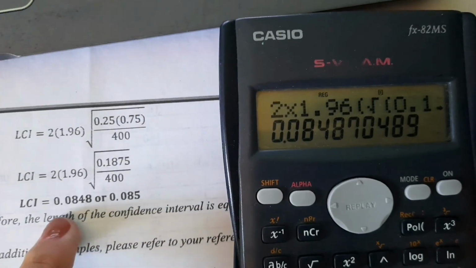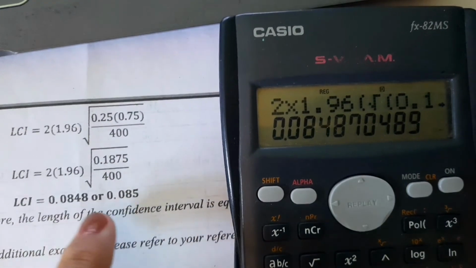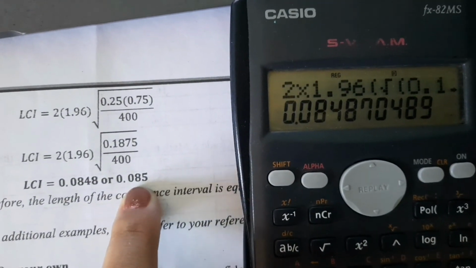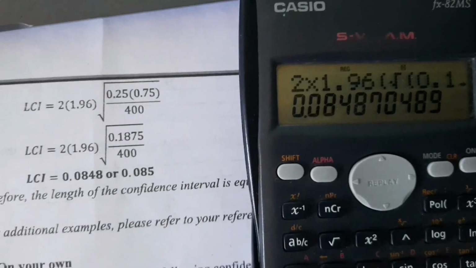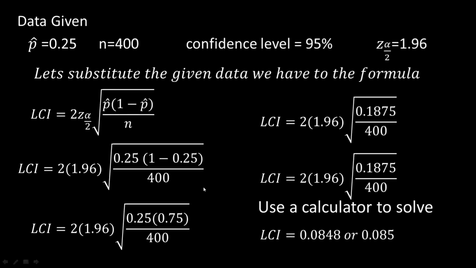So, eto po yan. 0.0848. And then, if we round it off into 2 decimal places, so it is 0.085. And then, yung answer natin is 0.0848 or 0.085. So, ganun lang po yung pagkuha natin ng LCI sa ating population proportion.